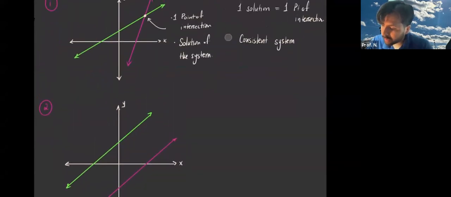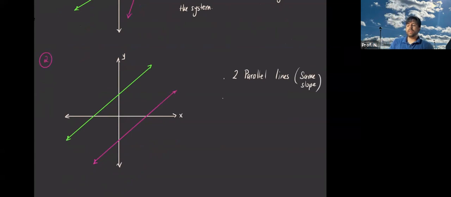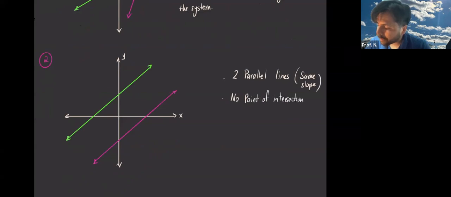Let me just write these as bullet points. We have situations where we have two parallel lines. If you have parallel lines, you have the same slope, and there's no point of intersection, which means there's no solution.